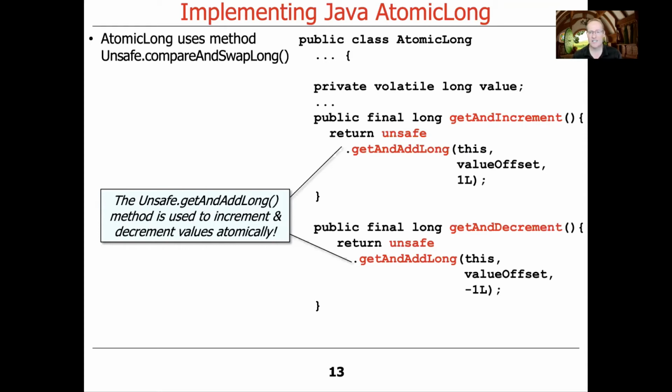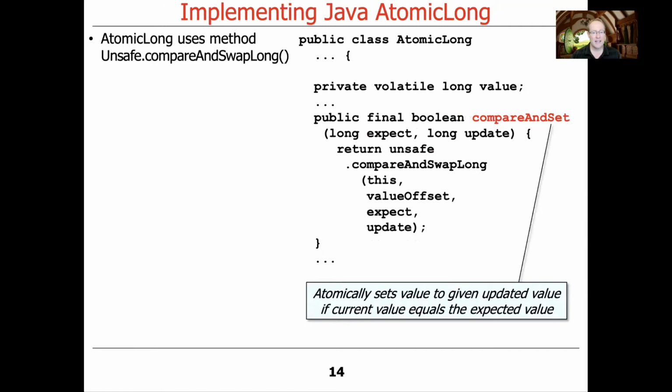So you can think of these as kind of the atomic equivalents of plus plus and minus minus, if you're familiar with those concepts in C, C++, Java, C#, and so on. Now, there's also a method, and this is very important for you to understand, because this is what you're going to have to use for your programming assignments, the compare and set method, which is just a little wrapper around compare and swap, in this case, compare and swap long.